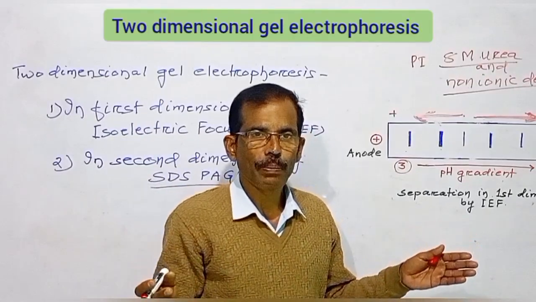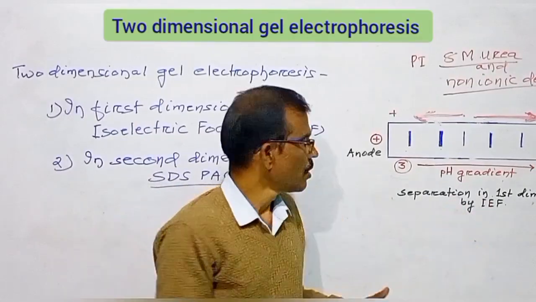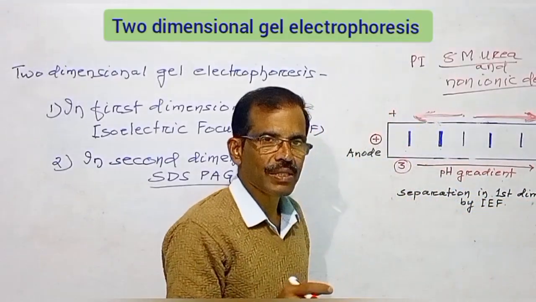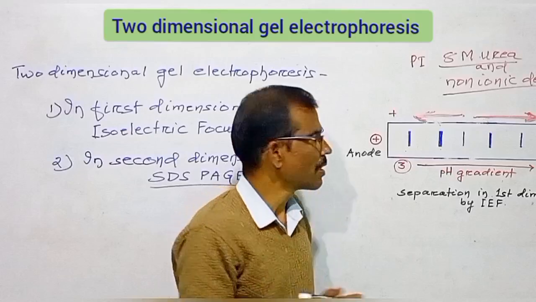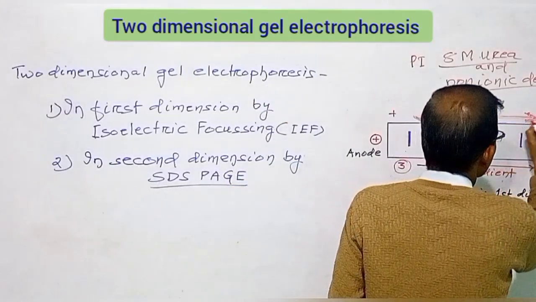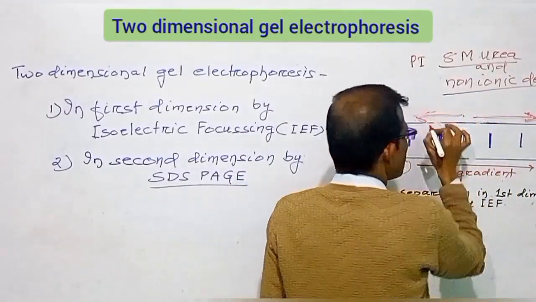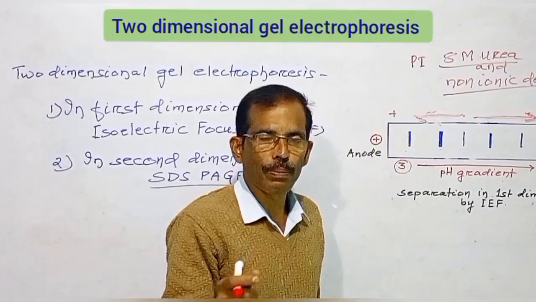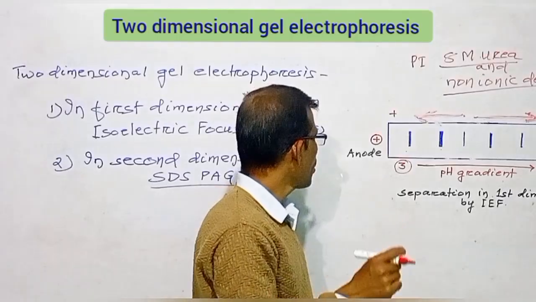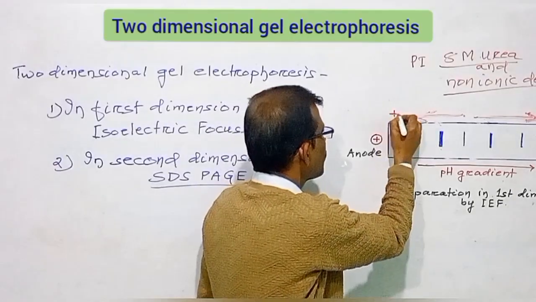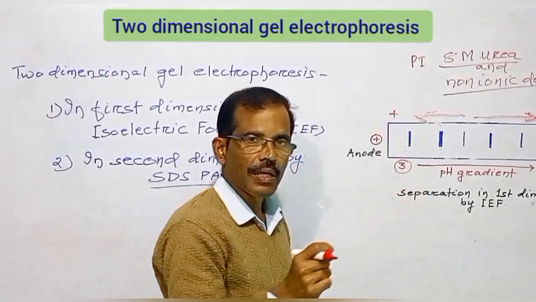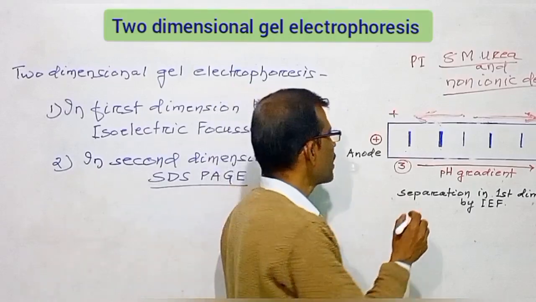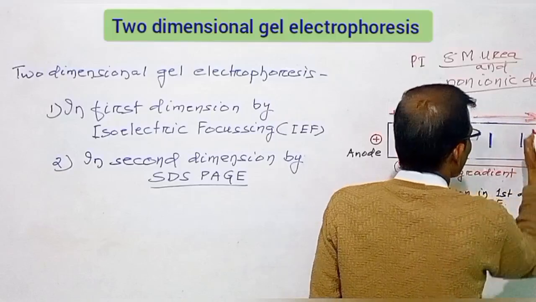When a protein sample is electrophoresed through such a pH gradient, different proteins present in that sample will migrate towards the oppositely charged electrode. During this migration, proteins either lose or pick up protons. When all proteins in the sample are positively charged, in response to the electric field, all of them will migrate towards the cathode.